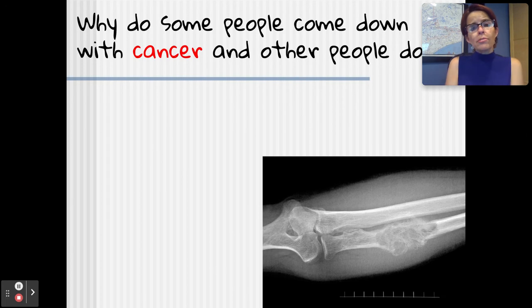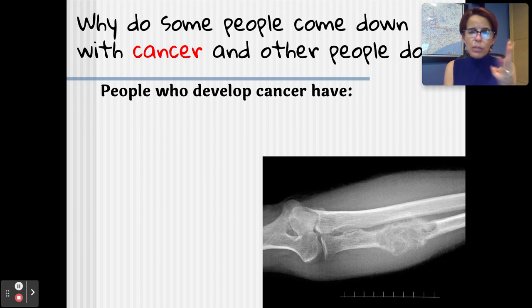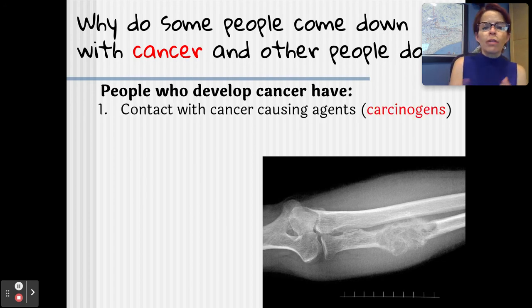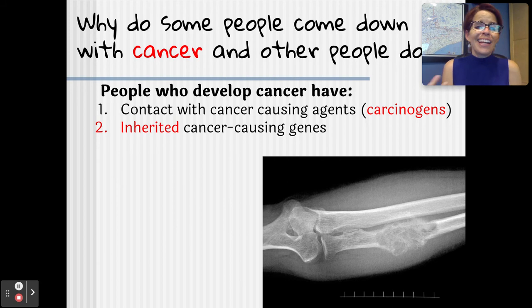All right, so why do some people come down with cancer and other people don't? There's three main reasons that people come down with cancer. Number one, some people come in contact with cancer-causing agents, which are called carcinogens, and I'm going to give you a little bit more information about that. Some people inherit cancer-causing genes. So cancer sometimes runs in people's families.